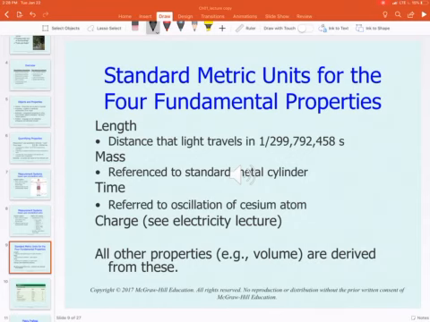Time is referred to the oscillation, so that's just a back and forth motion of the cesium atom moving back and forth. It does this so many times, and I can't remember exactly how many times it is, but that's 1 second. And then the 4th fundamental property is charge. Again, we do not go over electricity in this class, so you won't really see that, but you do need to know that that's one of the 4 fundamental properties.